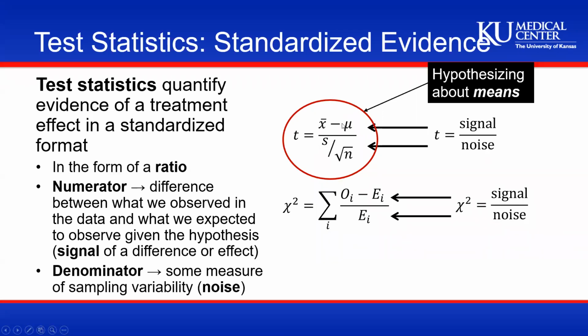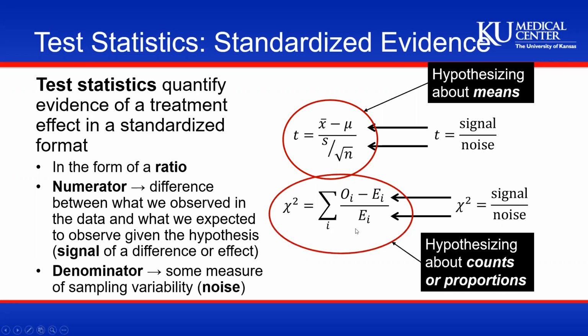If the signal is large relative to the noise, then we know that it's a real, quote unquote, real signal, as opposed to just sampling variability producing the result. For the chi-square statistic, look, the structure is the same. Instead of having a sample mean and a population mean, we have an observed count and an expected count. And we'll see an example of this in a moment.